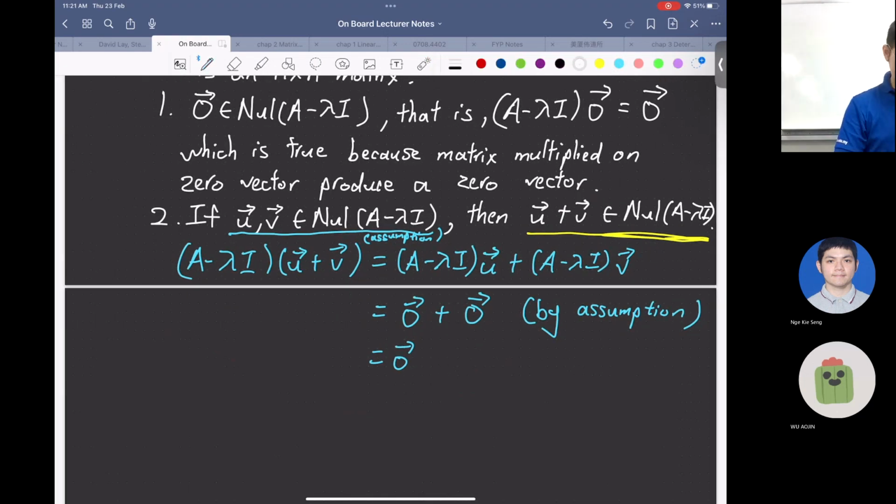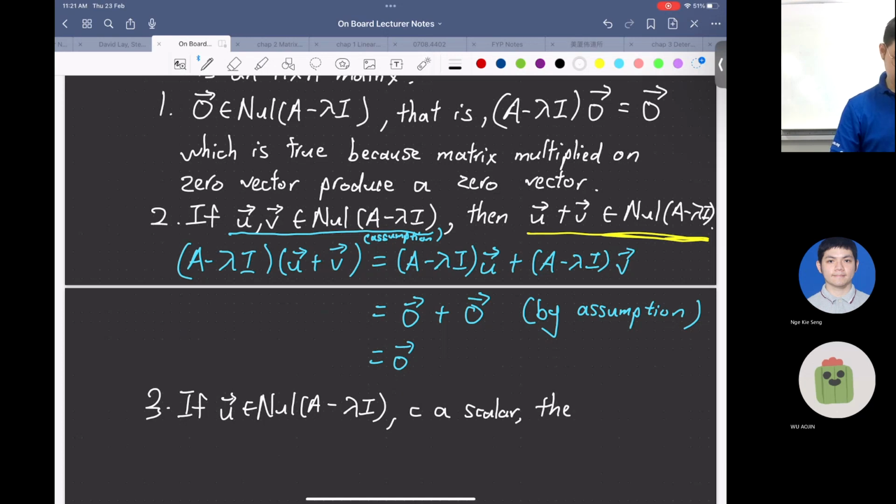Next. And next, if u is in the null space of A minus lambda I and c is a scalar, then cu is in the null space.